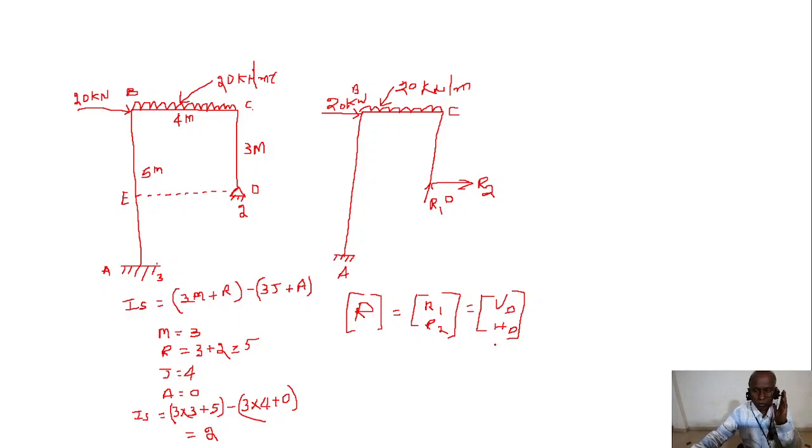Now you will find the moments of each segment. Before that, we will make this frame a determinate frame. You will remove the redundants and find the moments according to the given loads, and according to the unit loads, you will give R1 equal to 1 and R2 equal to 1, to find the moments and after that the flexibility coefficients.